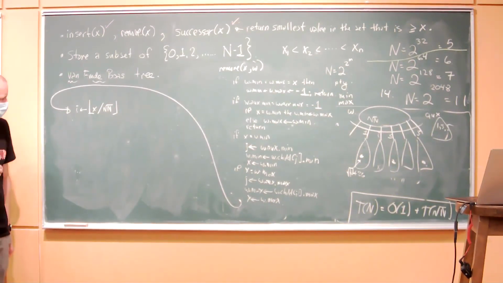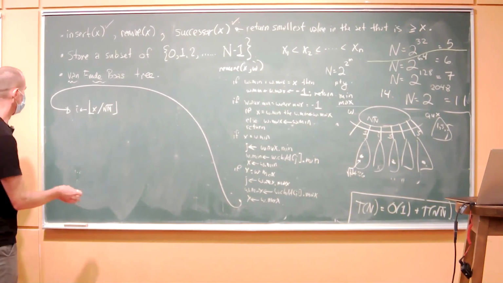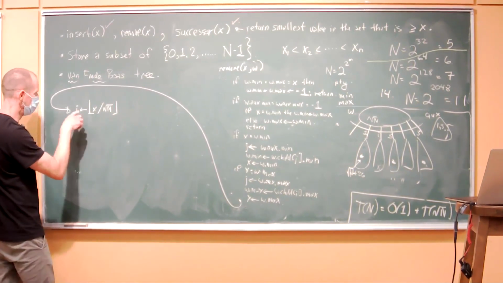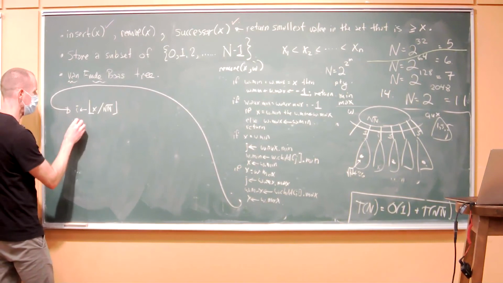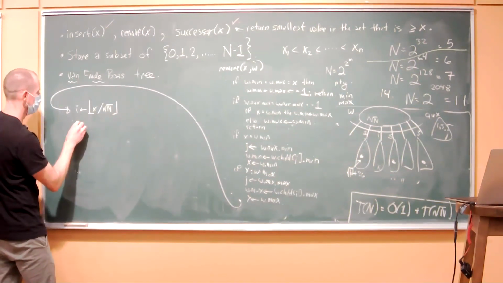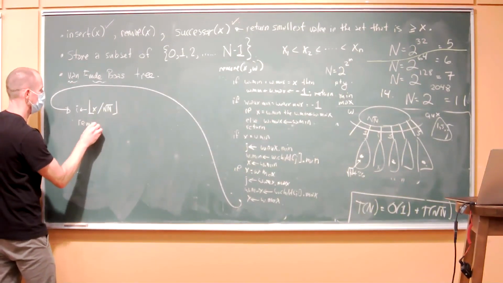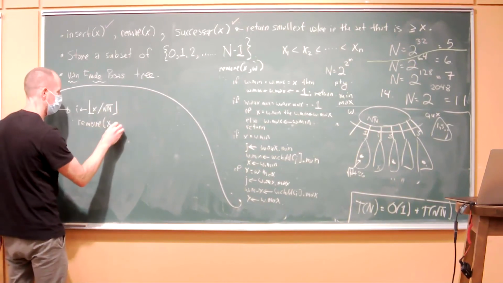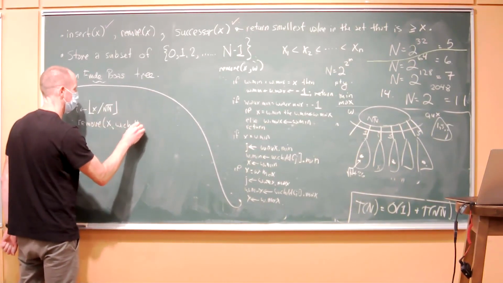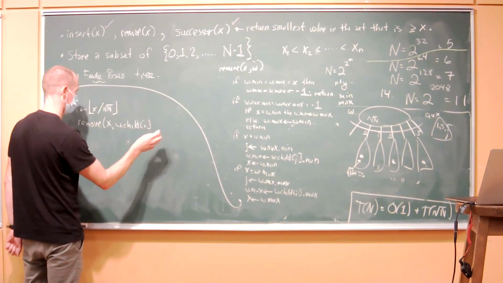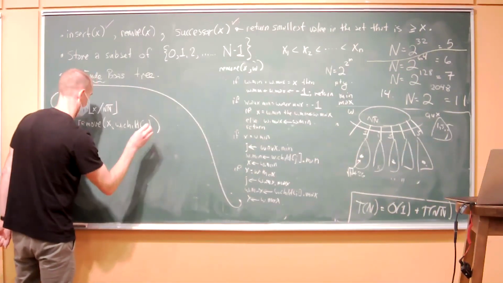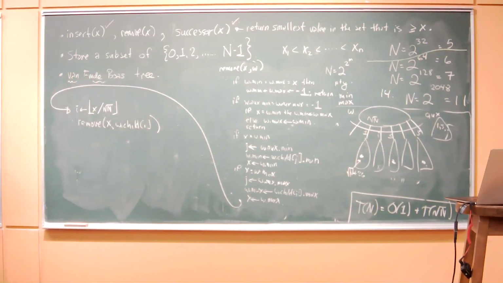And what do we want to do? We want to remove x from that subtree. So that is remove x from w.child[i]. All right, are we done?